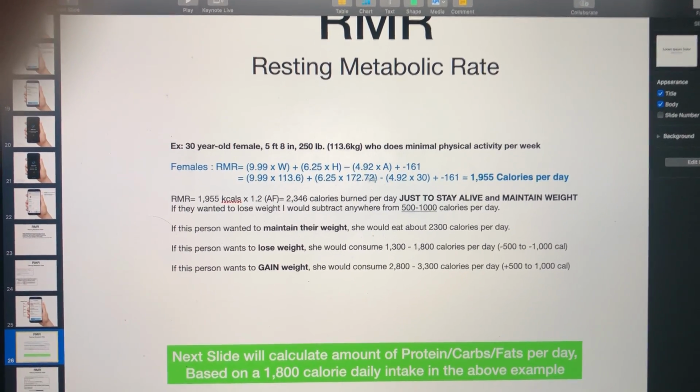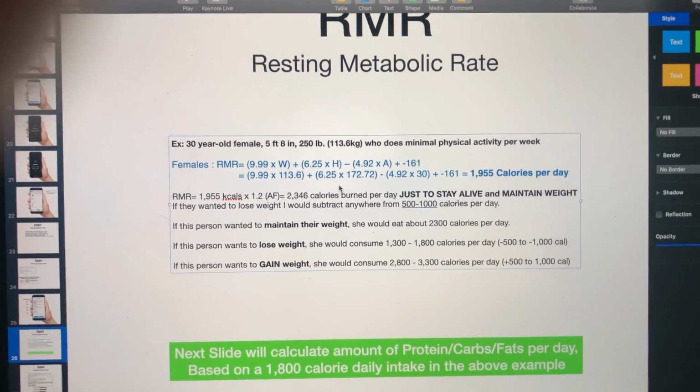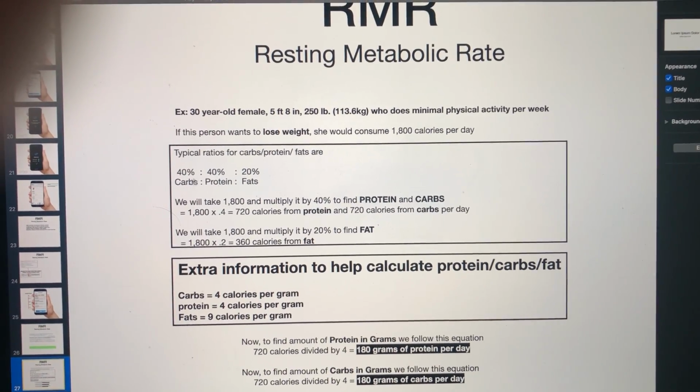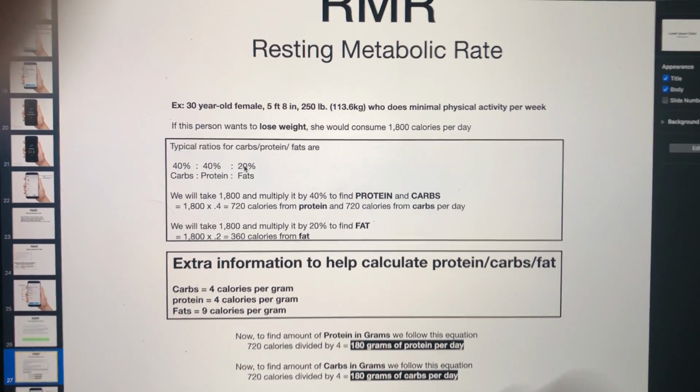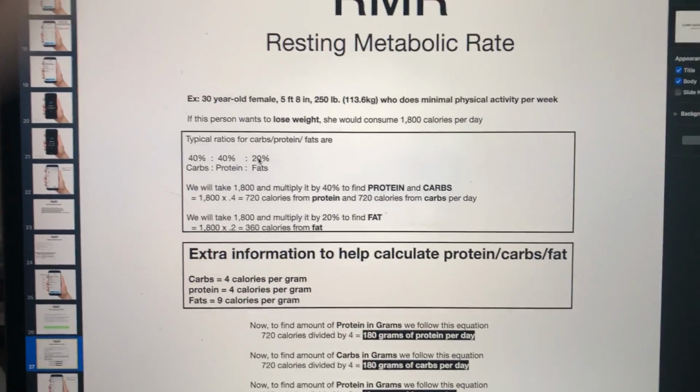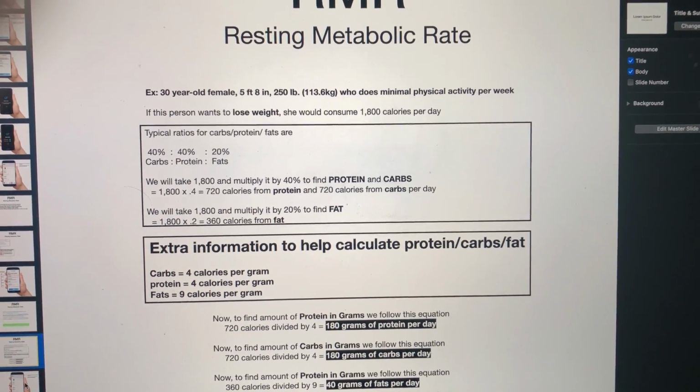So every week we have to readjust the calories, but we're still going to keep the 40-40-20 ratio at all times. So that's how we calculate the calories per day.